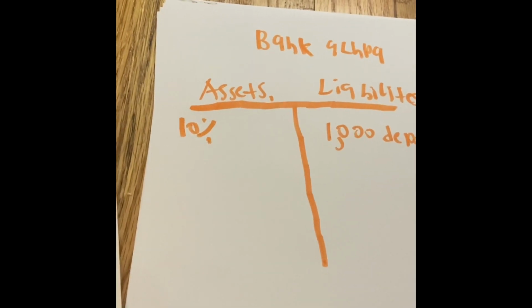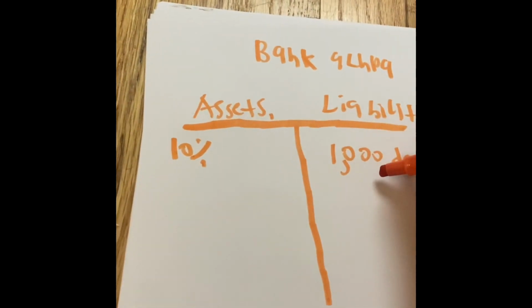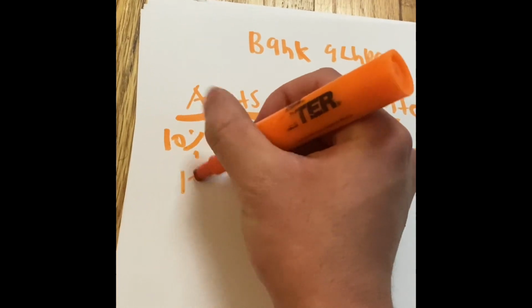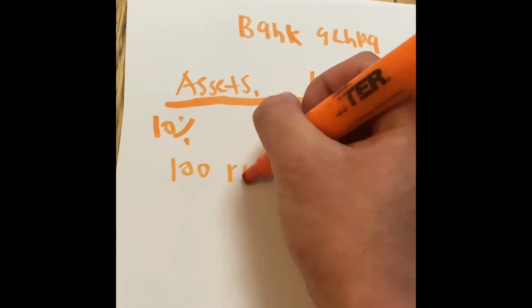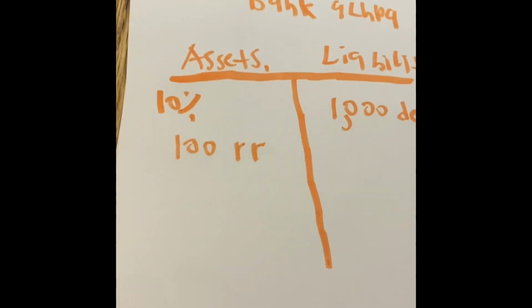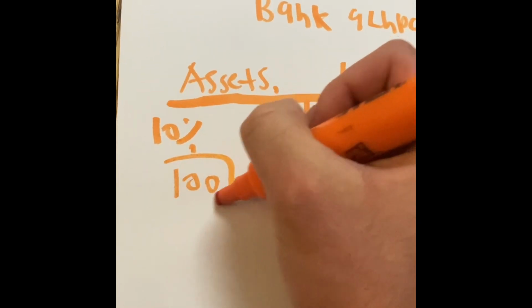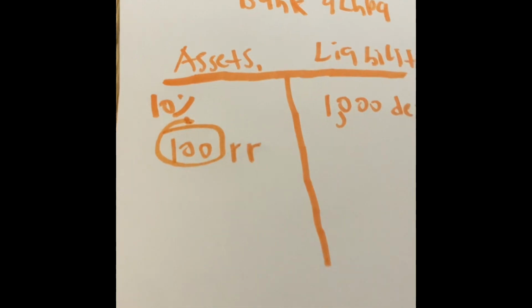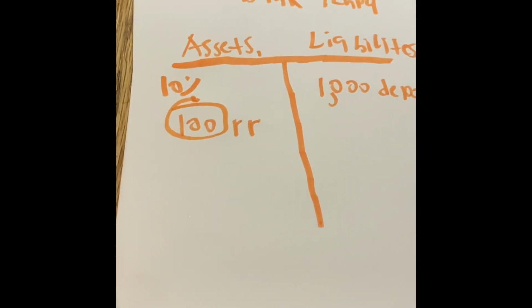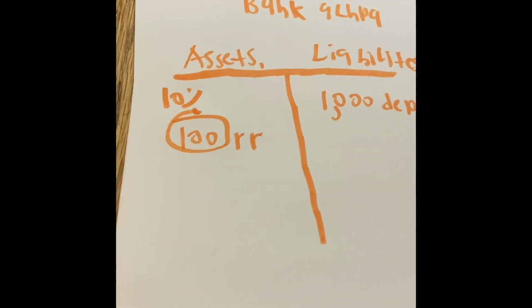So 10% of 1,000 is 100. So RR, the reserve requirement: the Bank of Alpha must have $100 in their assets and savings by the end of the business day.